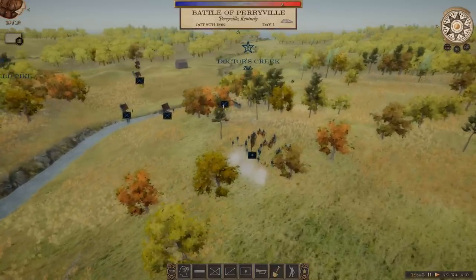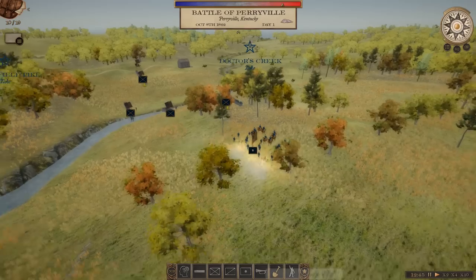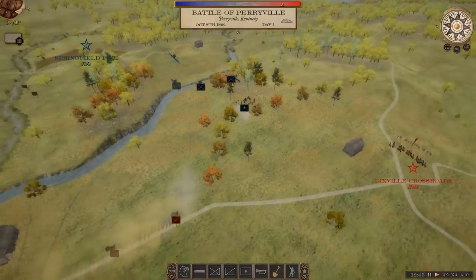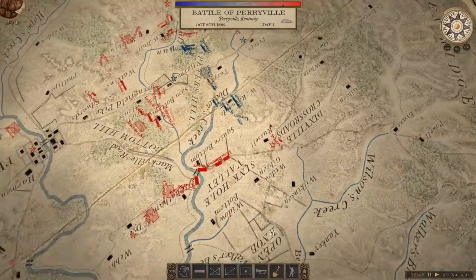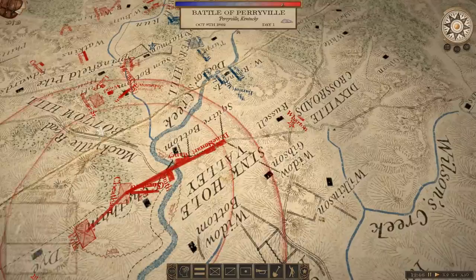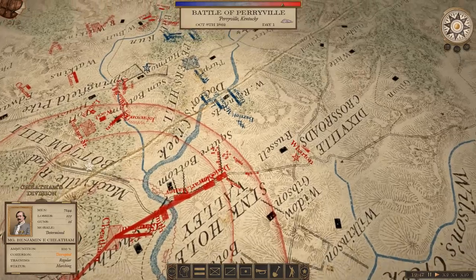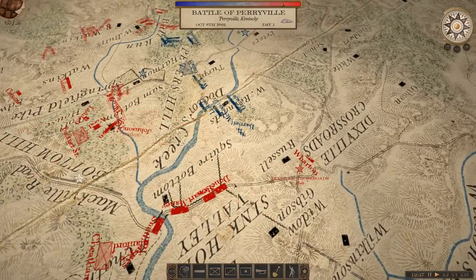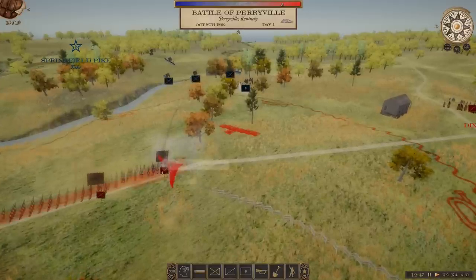And what we see of the enemy is that we have a couple of infantry brigades, some artillery, but like I said, they seem to be alone on this side of Doctors Creek. Already in Cheatham's division we have some casualties, mostly in Wharton's cavalry unit, but also because of the enemy artillery firing at the lead brigades.